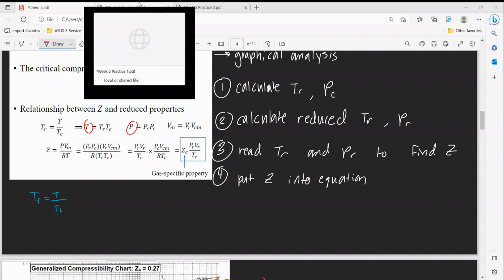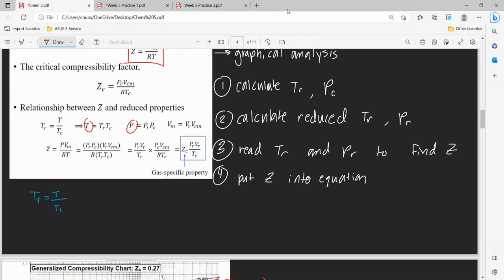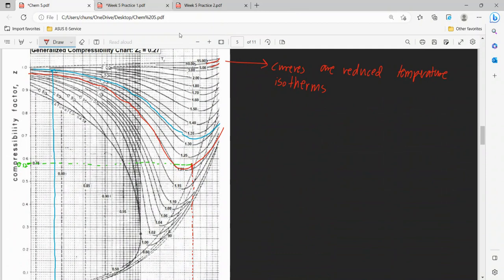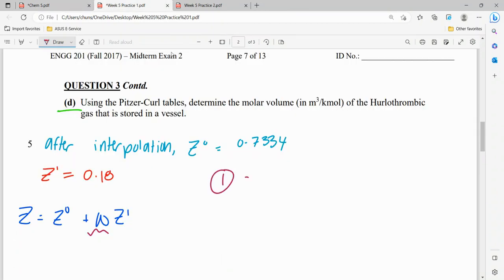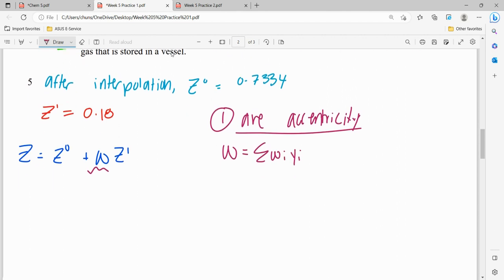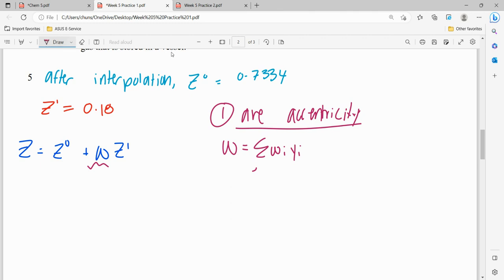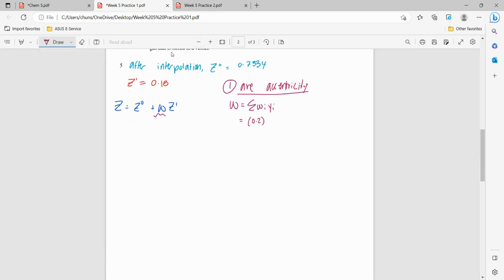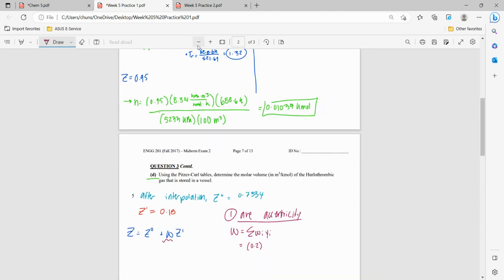So in order to find our average eccentricity, it is the same process that we've used before, where our total is equal to each value times our mole percent. Okay, so we're given the eccentricity of each substance and the mole percent of each substance, so let's just use that and keep going with it.